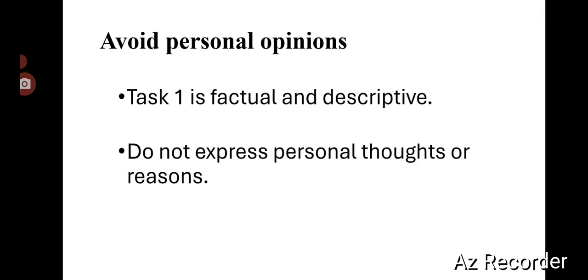Now, avoid personal opinions. In task 1, facts are very important. You don't give your own opinion. You don't assume what the diagram is or is supposed to be. You just give an objective description of the diagram. And that's what the examiner is looking for. Do not express personal thoughts or reasons.